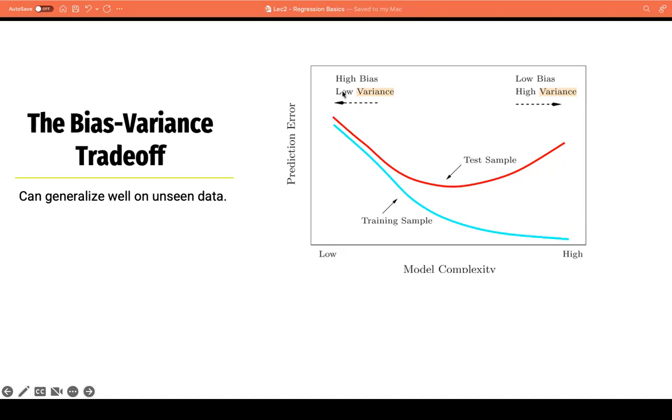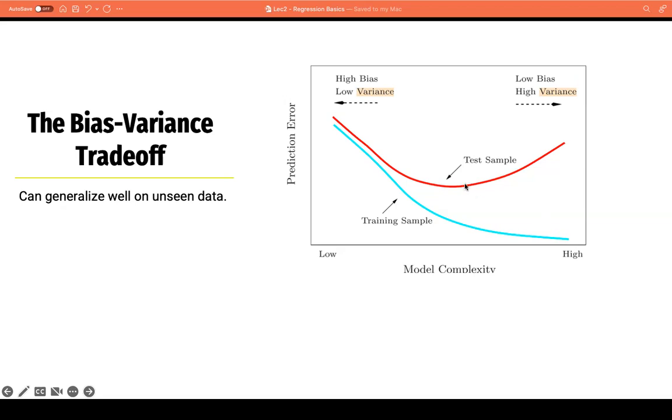Okay, so at the beginning of the training, we can see that both the training and the testing error are high, or we have high prediction errors. And as we train it longer, then we can see that initially both the training and testing error are decreasing. But as it gets longer, or as the model becomes more complex, then the testing error begins to increase, while the training error monotonically decreases.